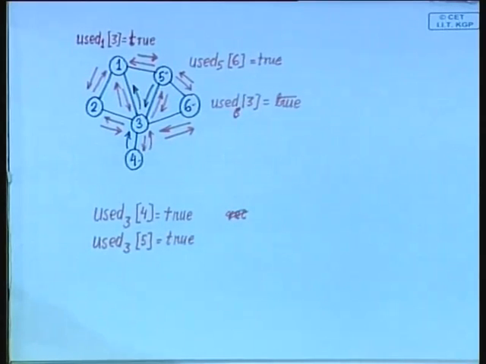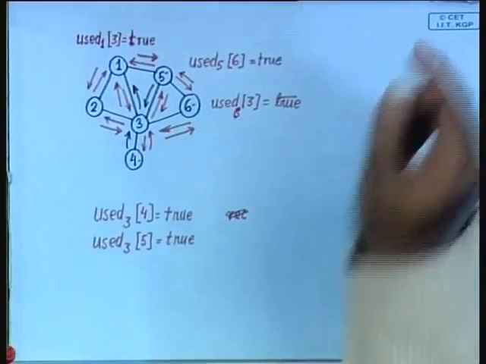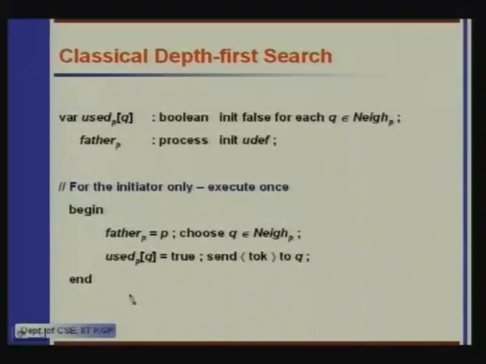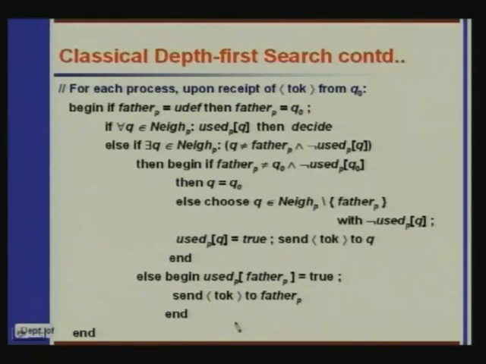right. When you get the token back from the child to which you had sent the token, then you know that this is done, right. So, that is what the initiator does. If you look at the initiator, it sends the token to Q, and then when finally it gets the token back from the child, that is where it terminates.